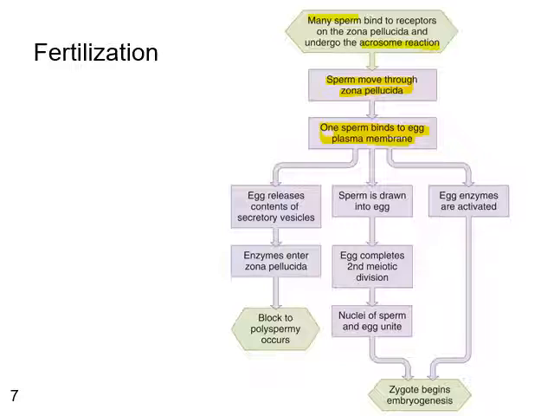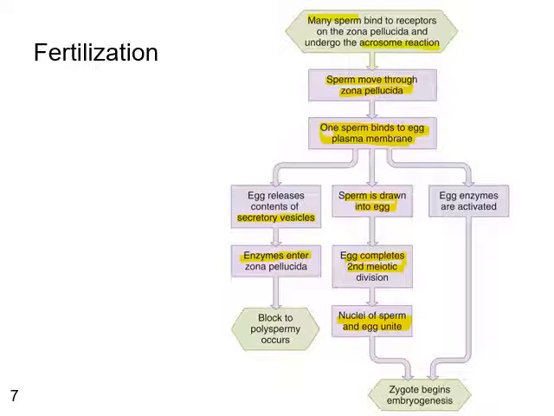One is the sperm fuses and is drawn into the egg. The oocyte, the egg, completes the second meiotic division, and then the nuclei of the two haploid genomes fuse. In addition, the cortical granules, the secretory vesicles in this slide, but in the previous slide they were called cortical granules, fuse with the surface membrane.